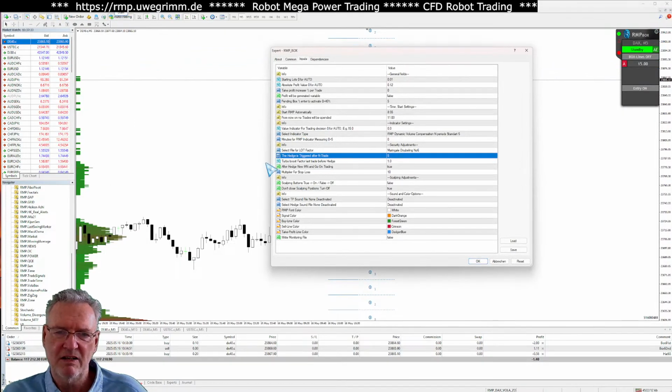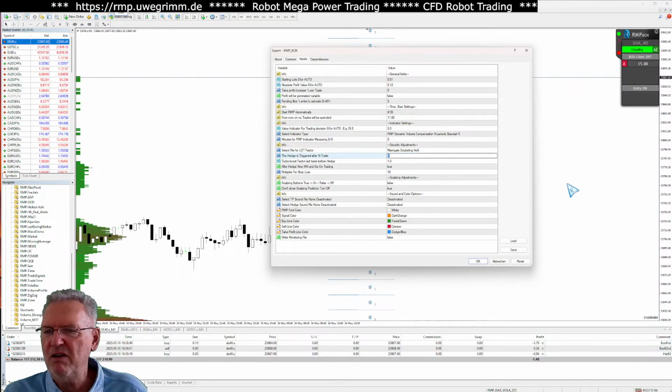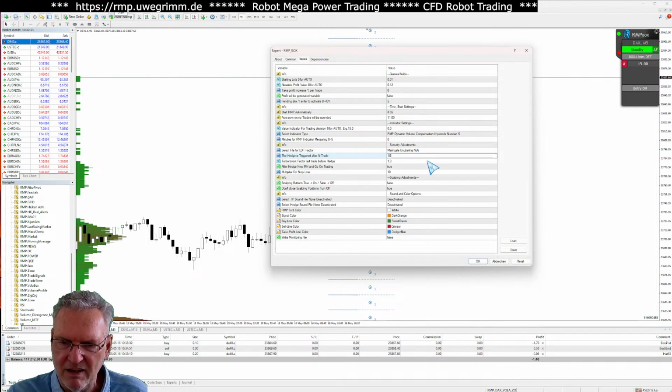Here, the hedge is triggered after the fifth trade. So what if I want to go higher because I'm starting with 1 cent? What if I go until trade number 10? So it will be triggered, well, in trade 11. No?